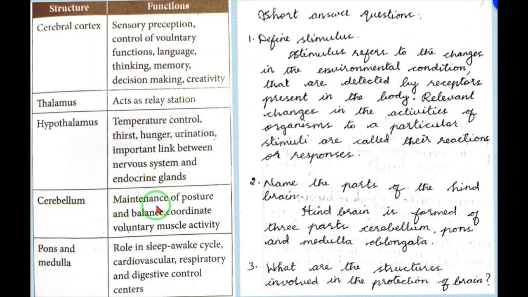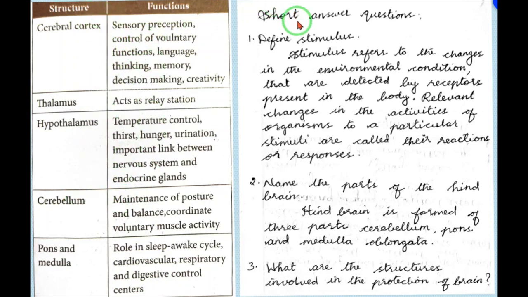Cerebellum: maintenance of posture and balance, and coordination of voluntary muscle activity. Last one, pons and medulla: role in the sleep-awake cycle, and cardiovascular, respiratory and digestive control centers. Now note down the question: write the functions of the human brain.